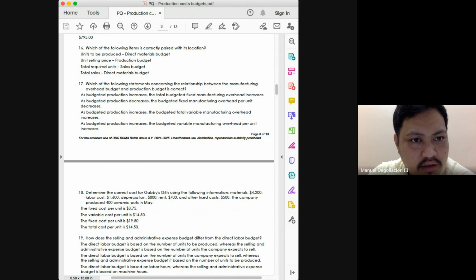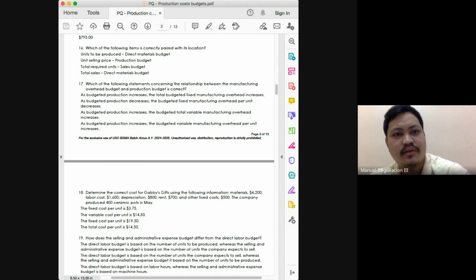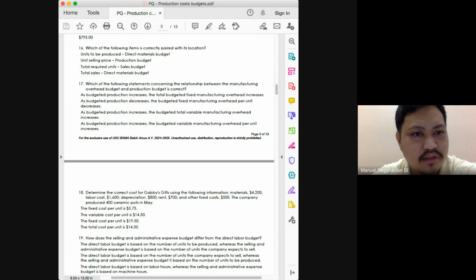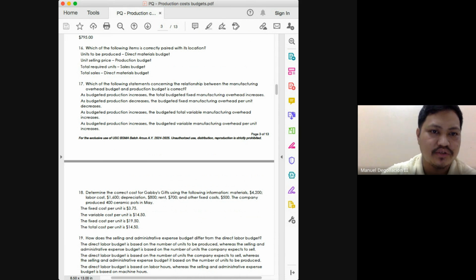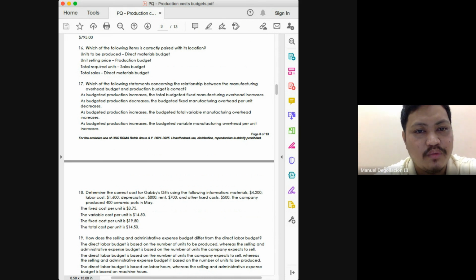Next, 17. Which of the following statements concerning the relationship between the manufacturing overhead budget and production budget is correct? As budgeted production increases, the total budgeted fixed manufacturing overhead increases. That's false. Regardless of the level of production, your total budgeted fixed manufacturing overhead will remain the same. As budgeted production decreases, the budgeted fixed manufacturing overhead per unit decreases. Take note, if it's on a per unit basis, now you can expect that there will be fluctuation.